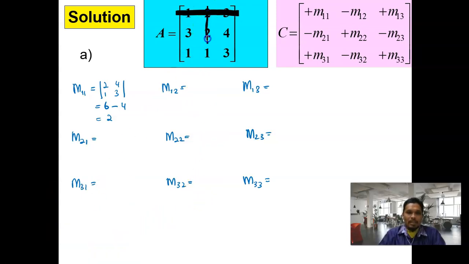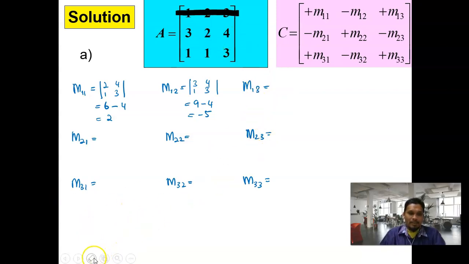We hide the elements in row 1 and column 2. So what's left here now? We got 3, 4, 1, 3. 3 times 3 equals 9, minus 4 times 1 equals 4. 9 minus 4 equals negative 5.